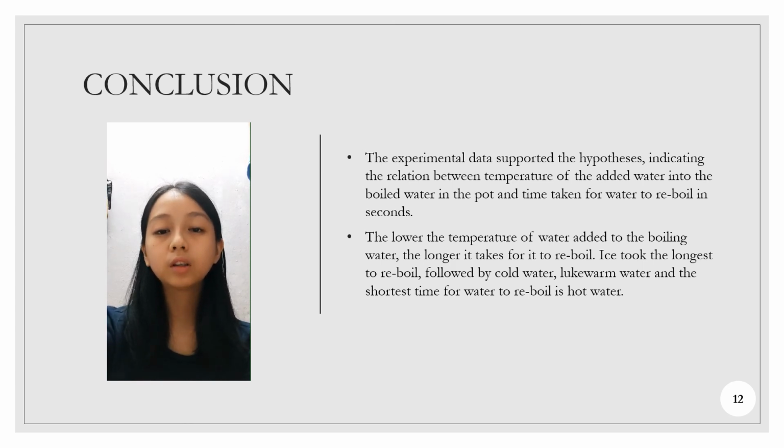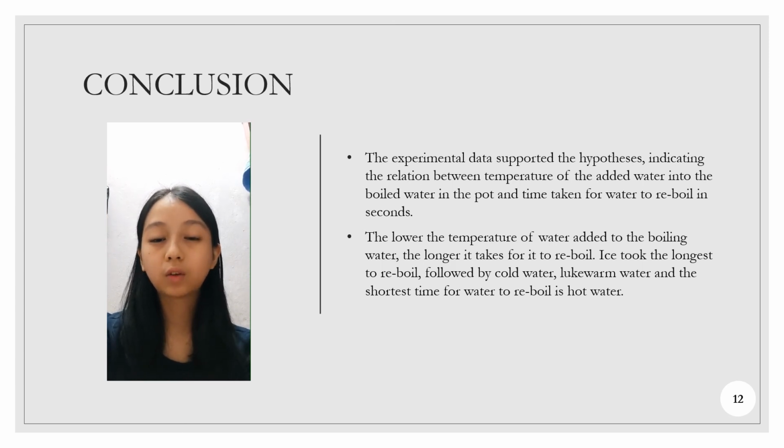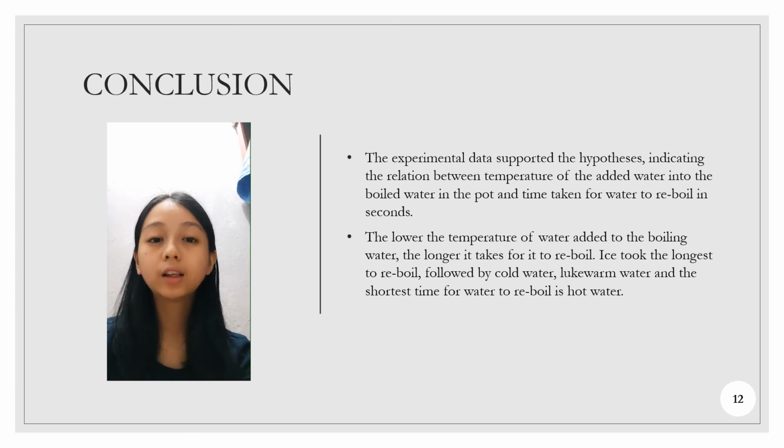The experimental data supported the hypothesis, indicating the relation between the temperature of the added water into the boiled water in the pot and the time taken for the water to reboil in seconds. The lower the temperature of the water added to the boiling water, the longer it takes for it to reboil. Ice took the longest to reboil, followed by cold water, lukewarm water, and the shortest time for water to reboil is hot water.